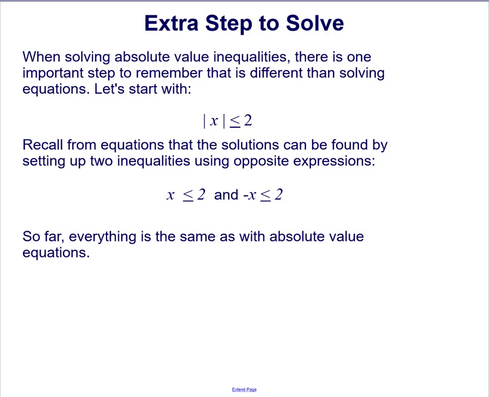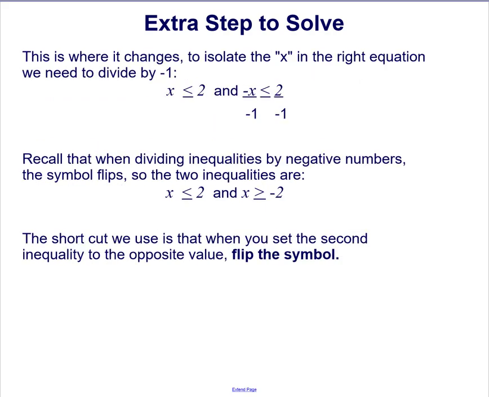So far, everything is the same as with absolute value equations. This is where it changes. To isolate the x in the right equation, we need to divide by -1. And recall that when dividing inequalities by negative numbers, the symbol flips. So the two inequalities are now x is less than or equal to 2 and x is greater than or equal to -2.